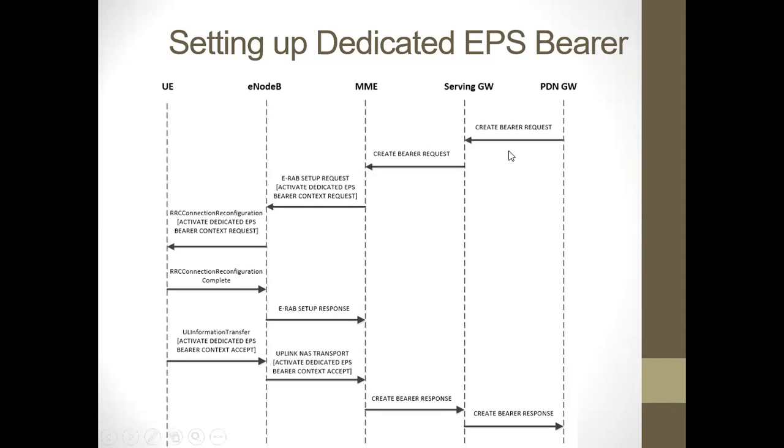So the PDN gateway sends a request for the creation of the bearer, and then ultimately the MME also sends the request and includes the bearer configuration. Accordingly, the eNodeB sends the request including the bearer configuration. When it is acknowledged, the eNodeB also sends a response.